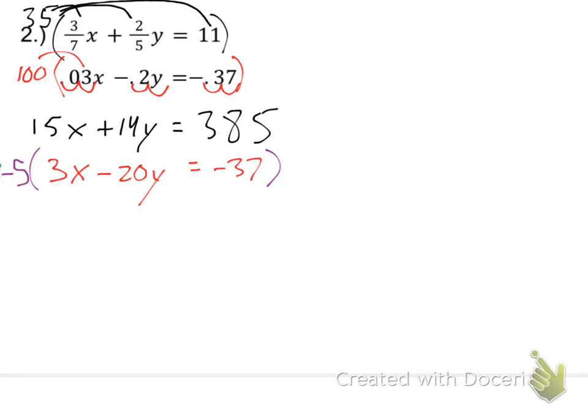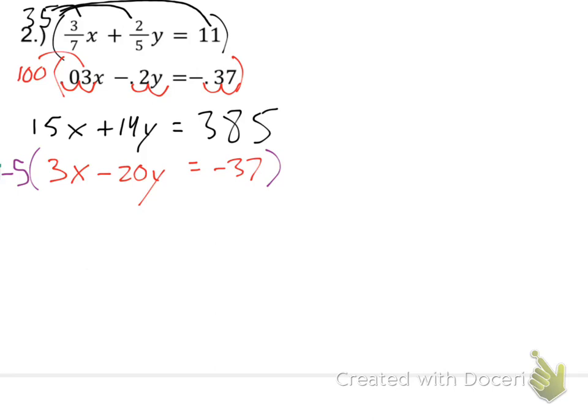You're looking to cancel out the 15 for the x. Both methods, if I multiply by 5 or negative 5, will get me to the same solution. One of those methods I have to subtract, and one I have to add. Which one would you rather do? I'd rather add. And to add, they have to have the same coefficient but opposite in signs.